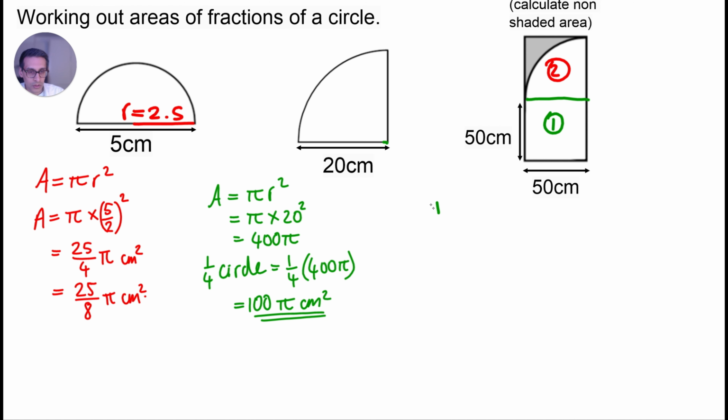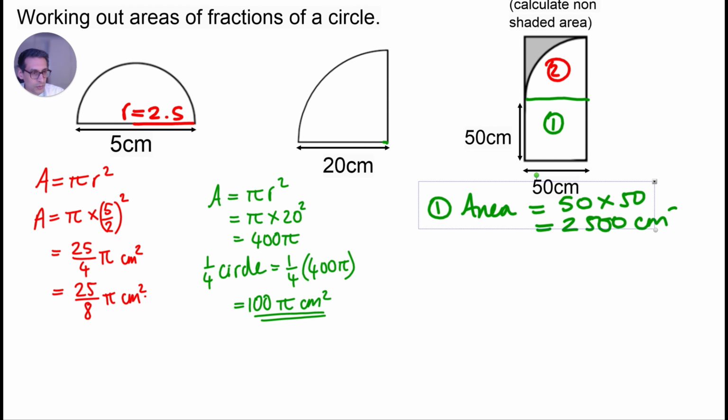So for 1, the area equals 50 times 50. So that's going to give you 2,500 centimeters squared.